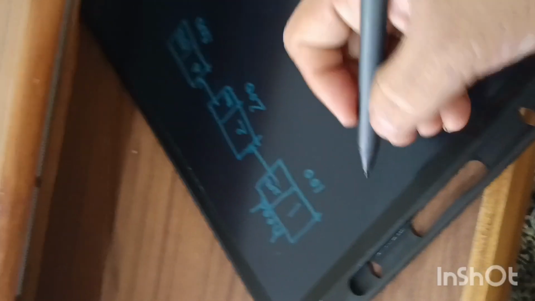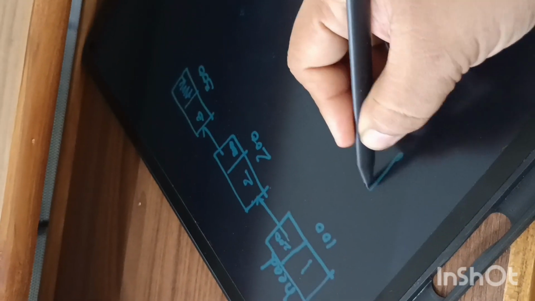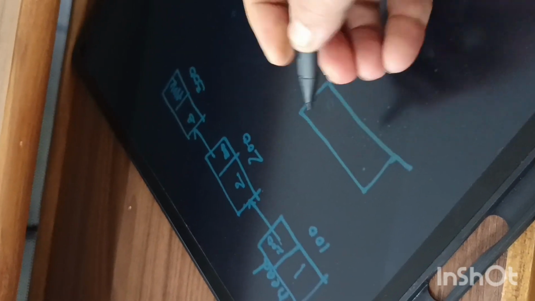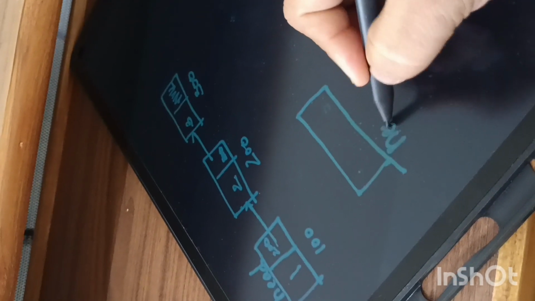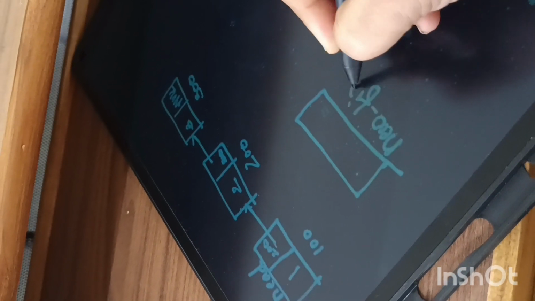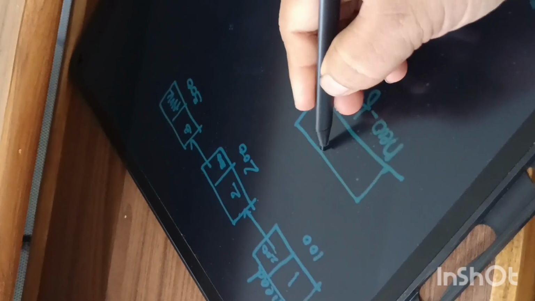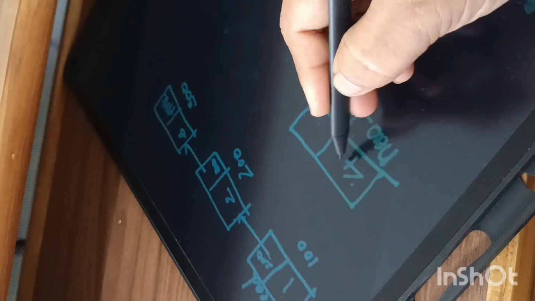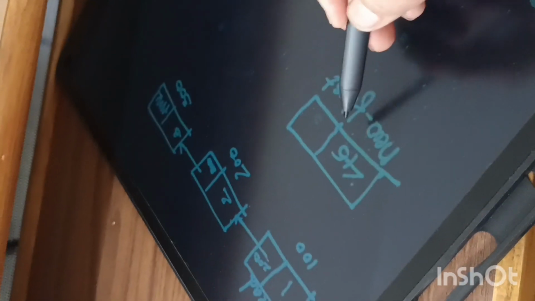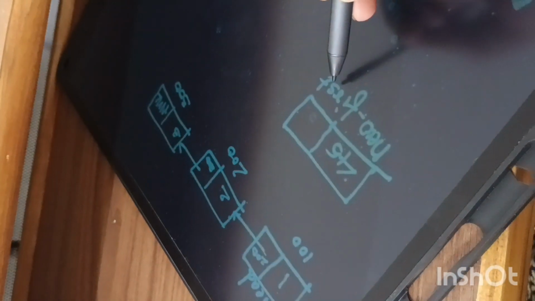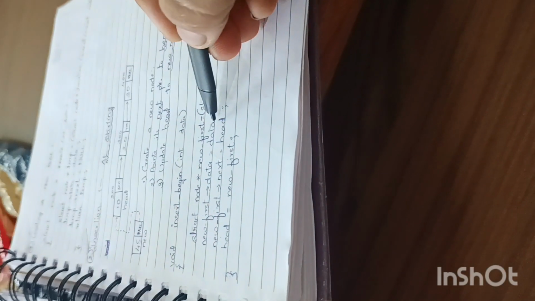So now I am going to take a node that I have called new first. Whatever data I want to store, I store in the data part.